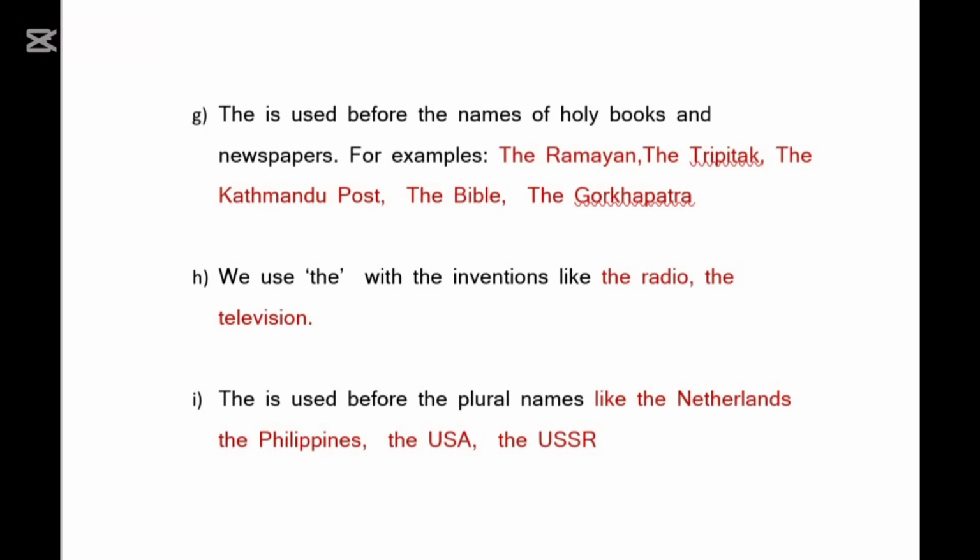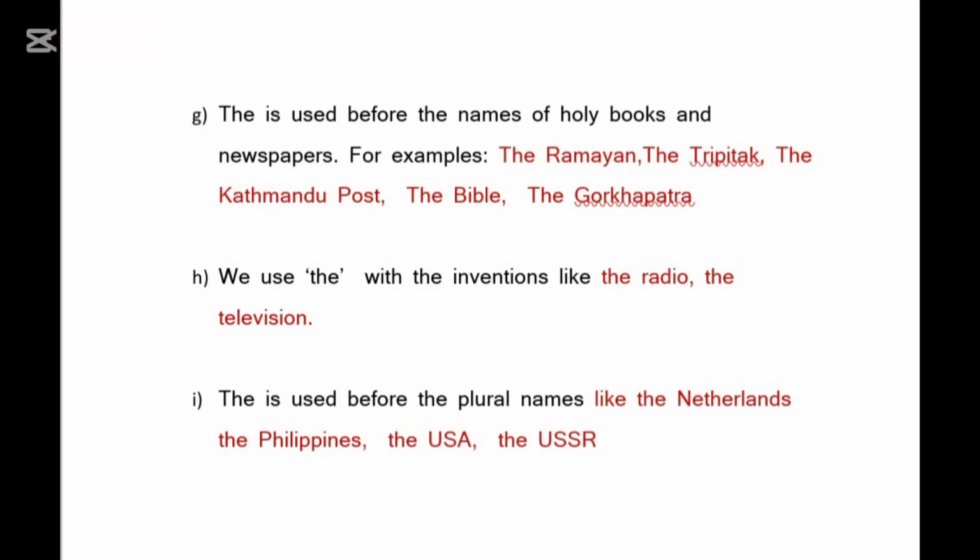Now, point G defines that we also use the before holy or sacred books and newspapers, which I've already talked about. Holy books means like the Bible, the Tripitaka, the Quran, the Mundum, the Ramayana.